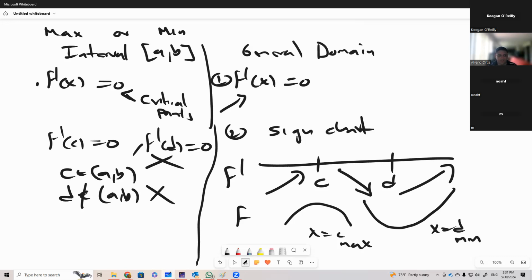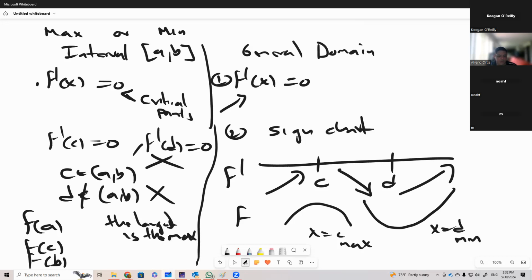Okay, so I'm not interested in this one. And then the next thing that you gotta do is you gotta compare. You compare f of a, f of c, and f of b. And the largest is the max. And of course, the smallest is the min. Okay, this is the general idea for finding maximums or minimums here.